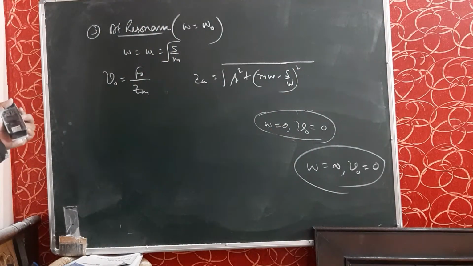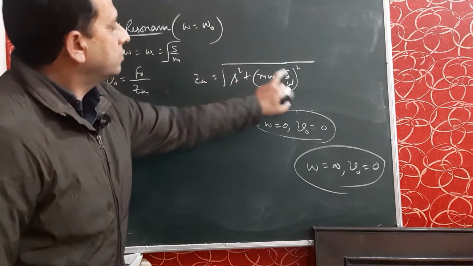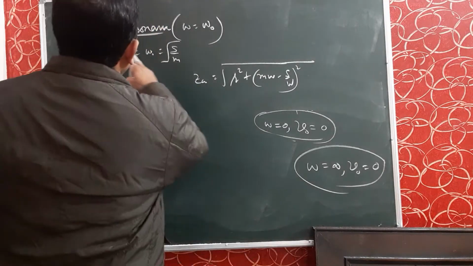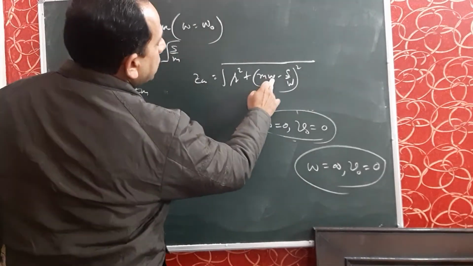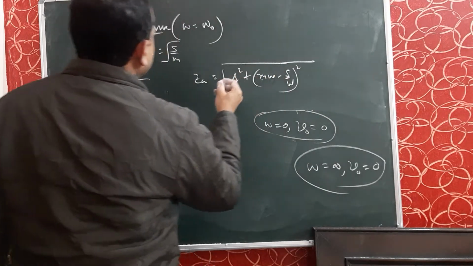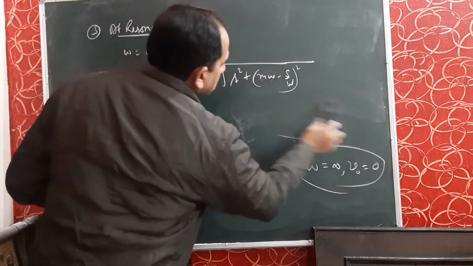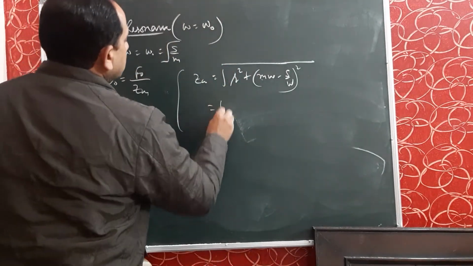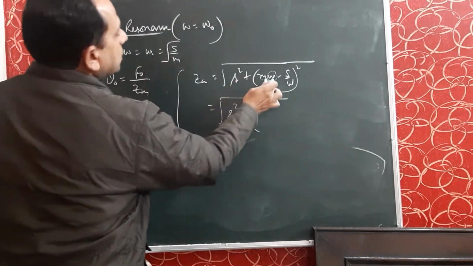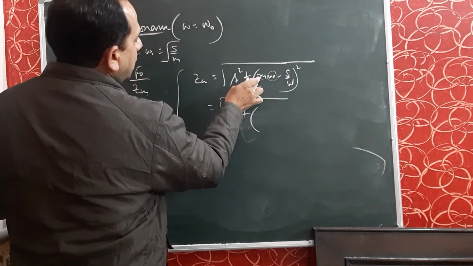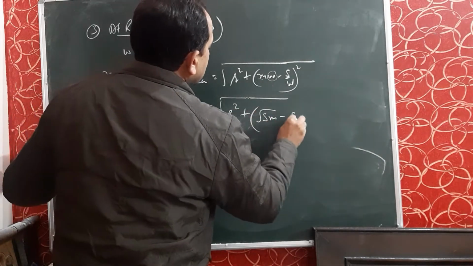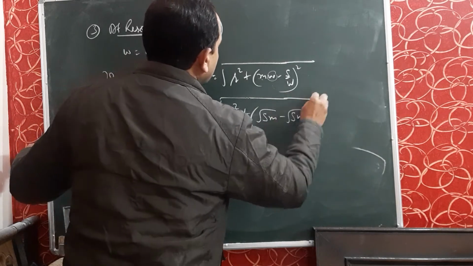You know that at resonance these both terms are equal, or you may put this value of omega as S by m under root. We will put S by m under root, and you will get Sm under root minus Sm under root. So r square plus, with omega as S by m under root, S by m under root cancels with m under root, and it is Sm under root minus Sm under root, whole square.